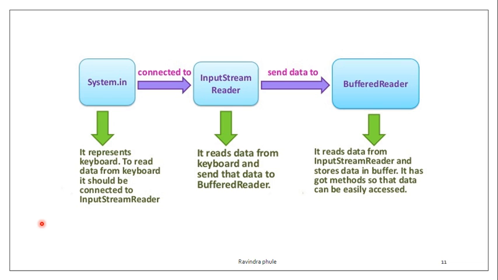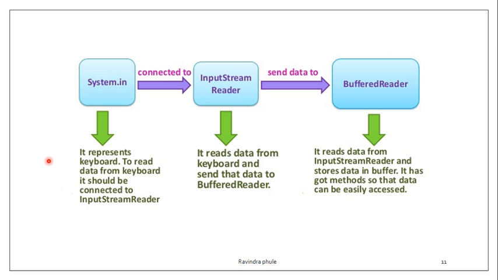The same terminology can be understood with this diagram also. Try to see over here: System.in. This is a different way of learning the same thing from a different angle. System.in, as we know, is directly connected to the keyboard. It takes the input and carries the input to the destination, so it represents the keyboard.